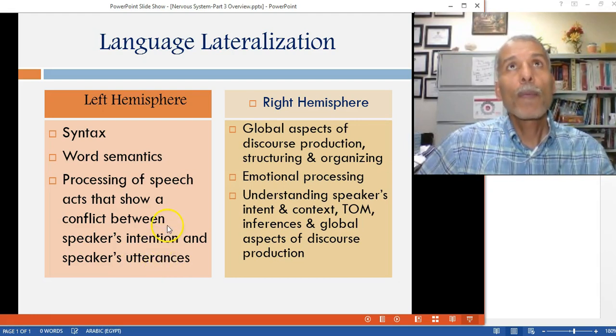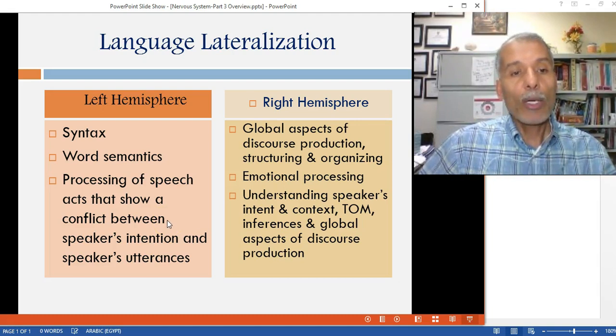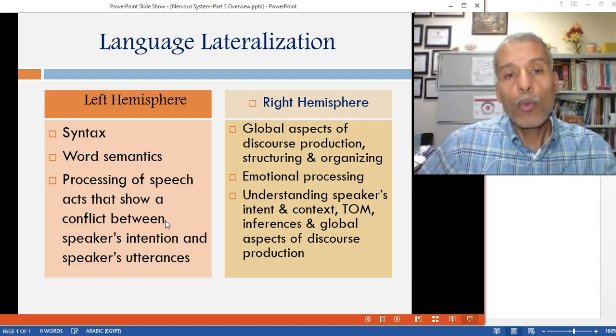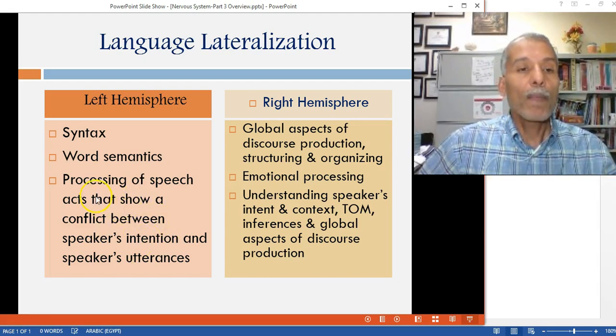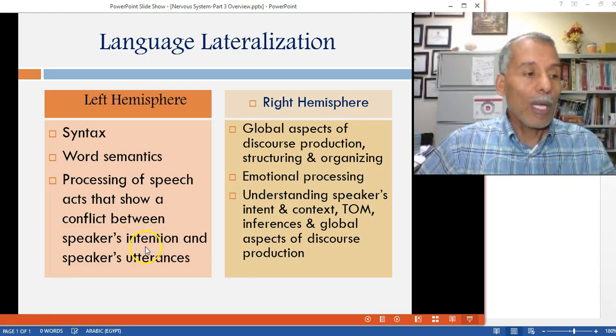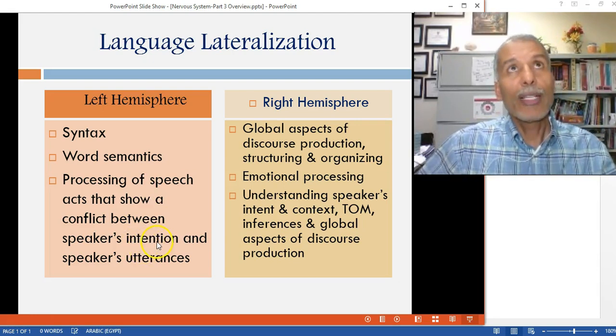In other words, when someone is trying to manipulate someone else with words and tell them lies, the left hemisphere is where you process the information to understand deception and to understand that someone is not telling you what he or she really intends.